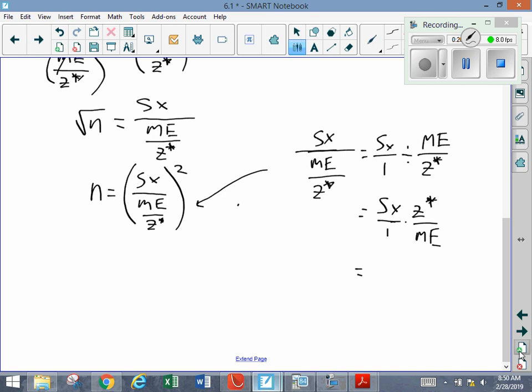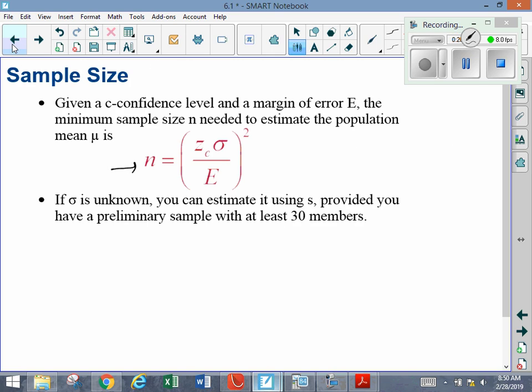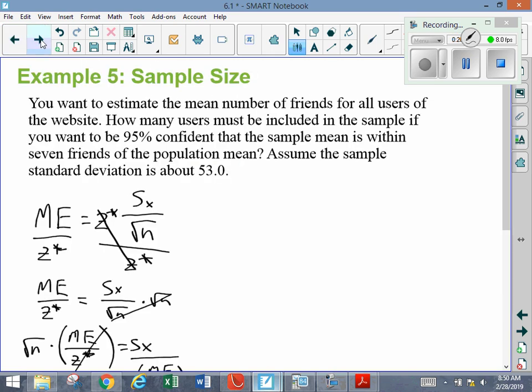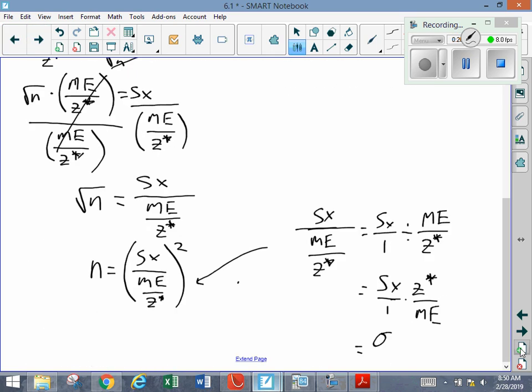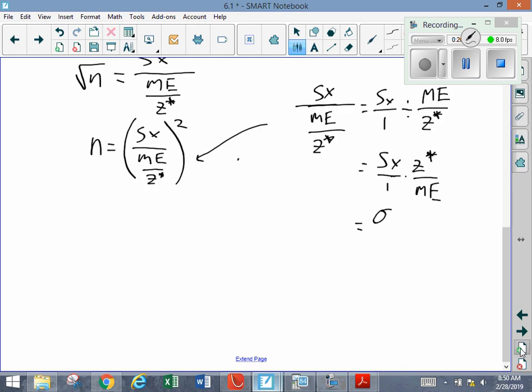So there we go. The way that your formula has it is they're calling this standard deviation times, they're calling it z sub c, the critical value. It's normally called z star. So z sub c is what z star is. And they're calling your margin of error just t, but it goes by m. So there we go.